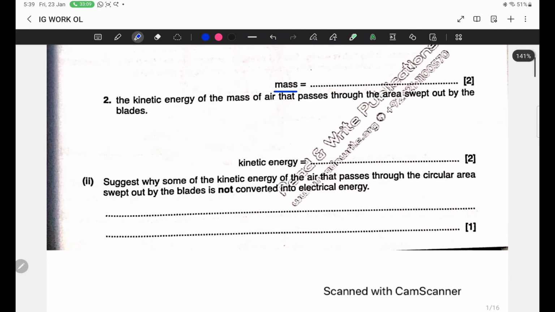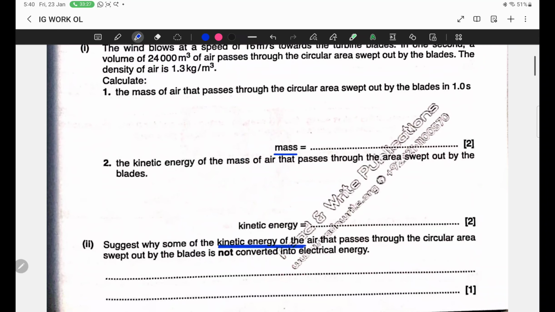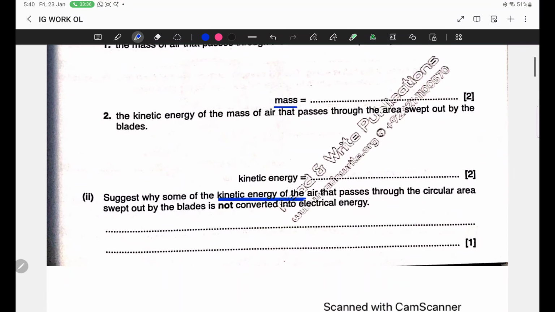The question is kinetic energy of air is producing electrical energy. Yes, sir, kinetic energy of air passing through, hitting this wind turbine, and it should be converted into electrical energy. But the issue is why some of the kinetic energy that passes through the circular area swept out by the blade is not converted into electrical energy.